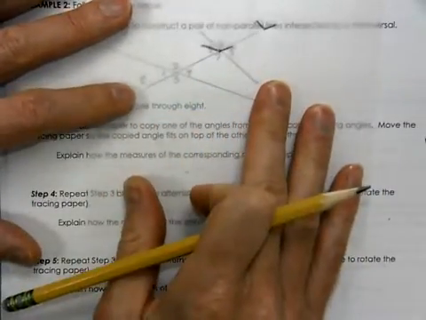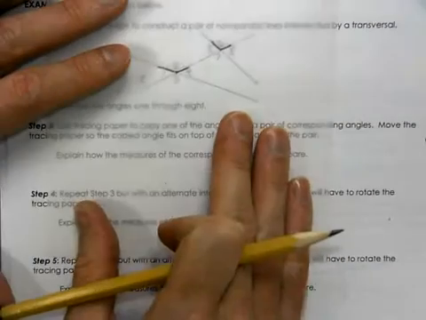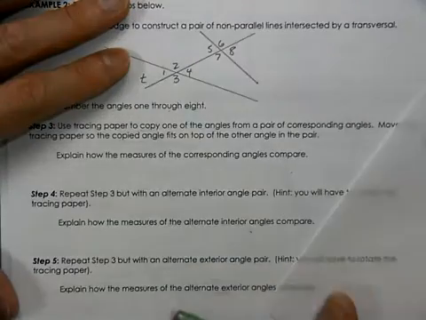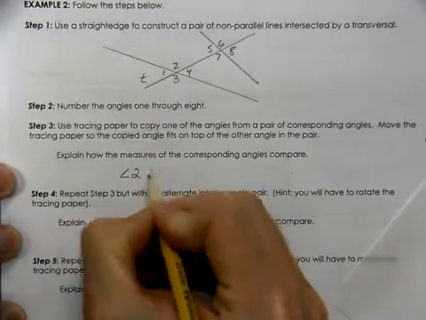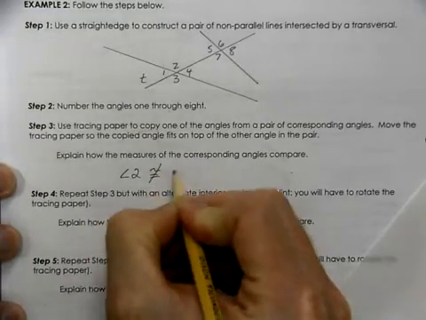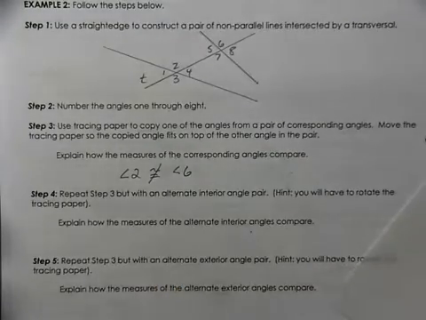If you move it back and forth, they're not the same measure. If the lines are not parallel, then angle 2 is not congruent to angle 6. None of the corresponding angles are congruent to each other.